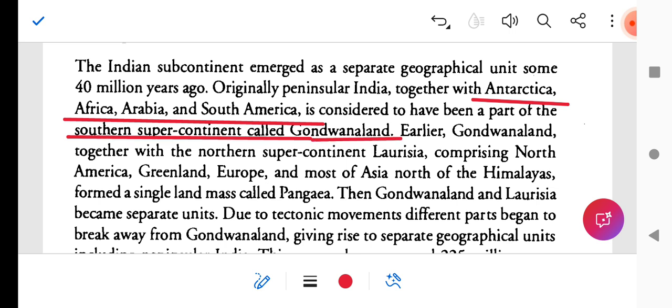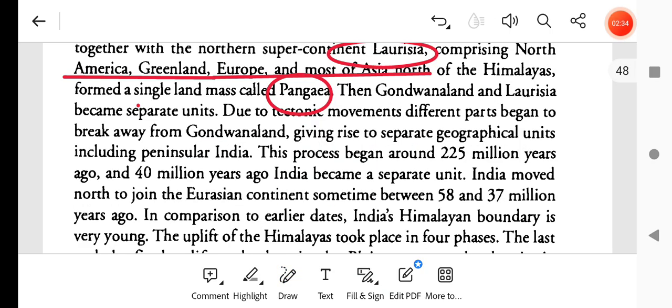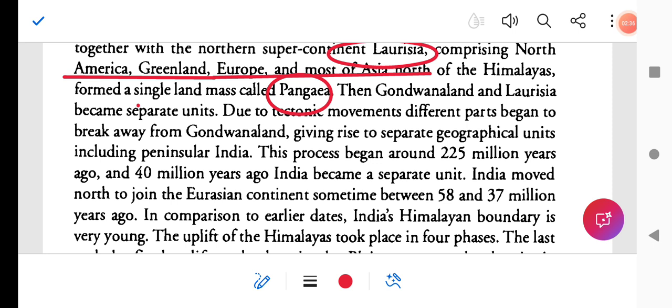Earlier, Gondwana land together with the northern supercontinent Laurasia, comprising North America, Greenland, Europe, and most of Asia north of the Himalayas, formed a single landmass called Pangaea. Gondwana land and Laurasia became separate units.